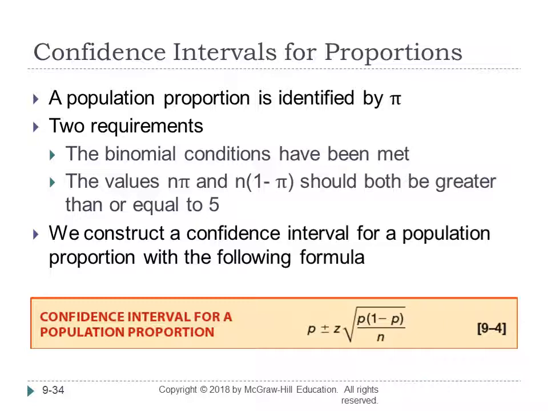And here again, z is the z value for the confidence level that we require. And p is a proportion. This is now for a population. Confidence interval for a population proportion. You can use this formula to construct the confidence interval.